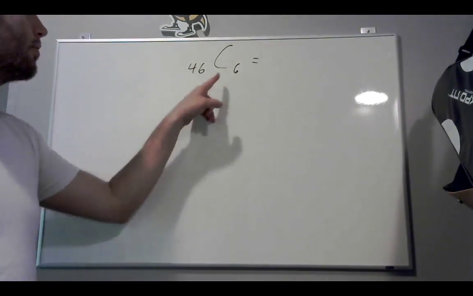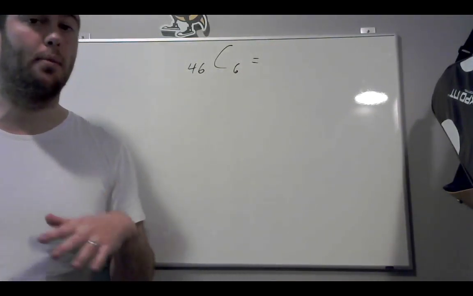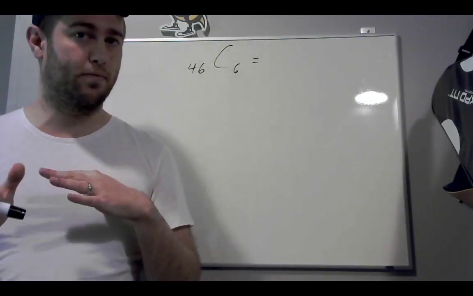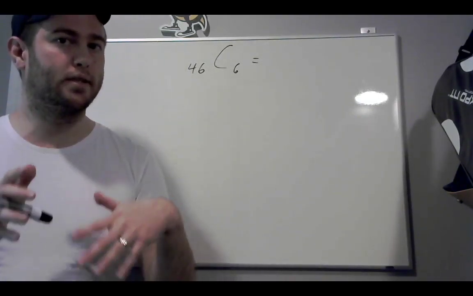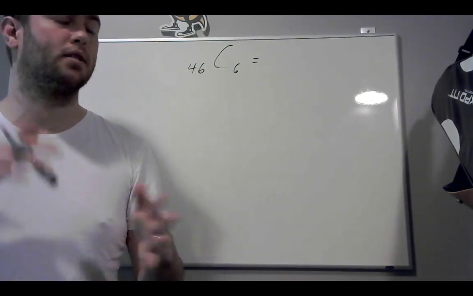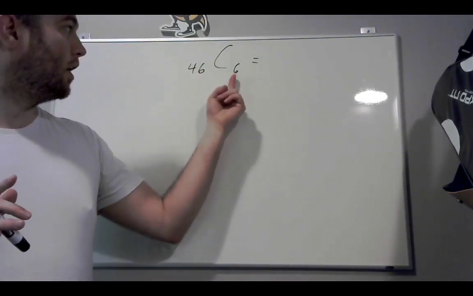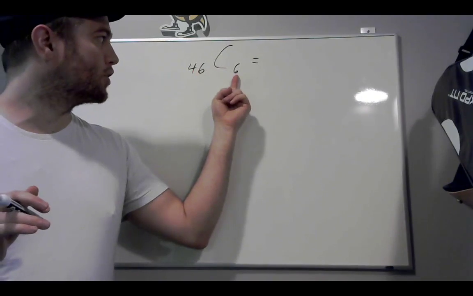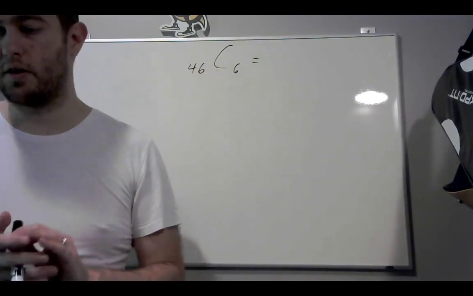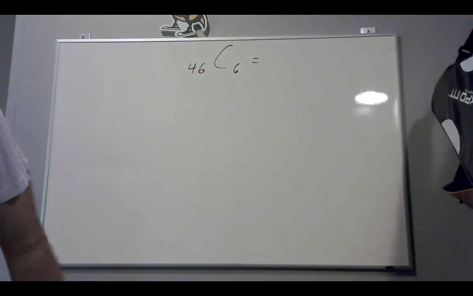So how many different ways can I choose 6 different numbers? Because all the numbers are going to be different. So it's not like I can pick 46 and 46 and 46 and 46. I have to pick different numbers. So of these 46 numbers, I can only choose 6 of them.